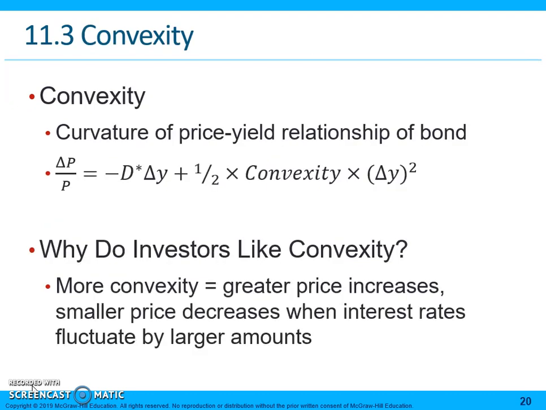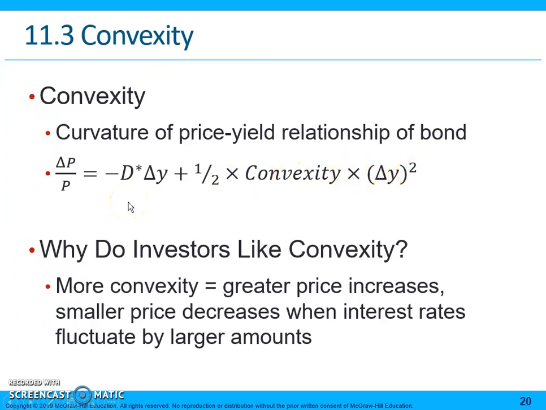Convexity is simply the curvature of the price yield relationship of the bond. We can accurately predict the change in price by using duration, the change in yield, and half of the convexity multiplied by the change in yield squared.